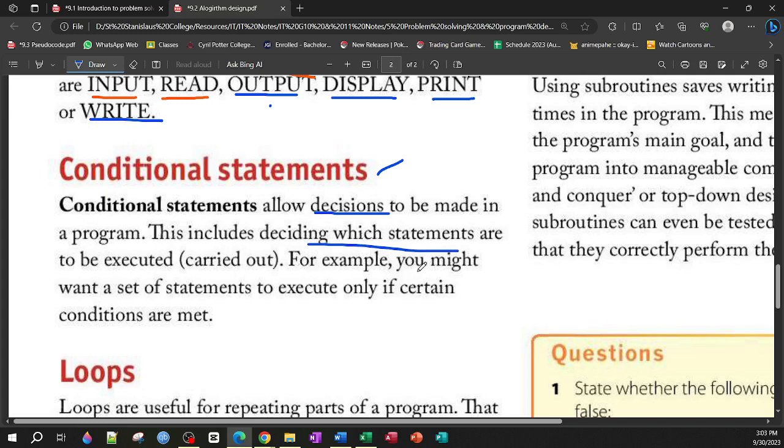For example, you might want a set of statements to execute only if a certain condition is met. So, a conditional statement makes a decision in the program. If a certain situation or circumstance is met, then it makes a certain decision.